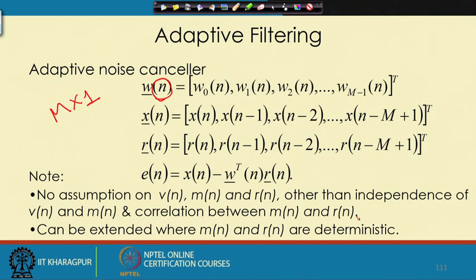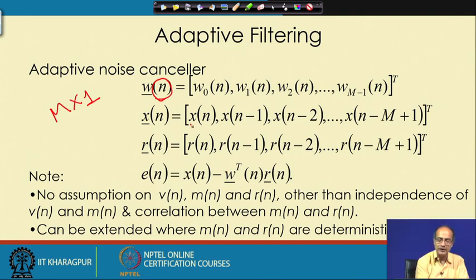The Xn remains the same, again an m by 1 vector, consisting of the present value of Xn as well as the past m minus 1 values. The reference signal for the noise canceller, Rn, is again an m by 1 vector of the present and last m minus 1 values, and here Rn is chosen in such a way that it is correlated with the additive interfering noise.